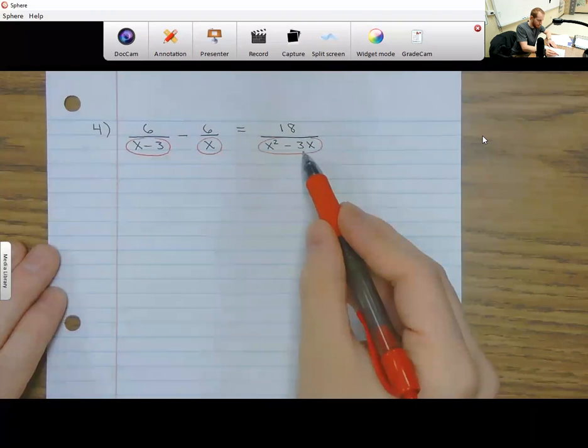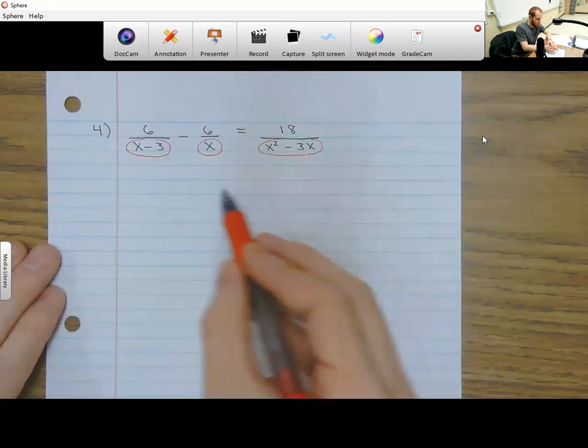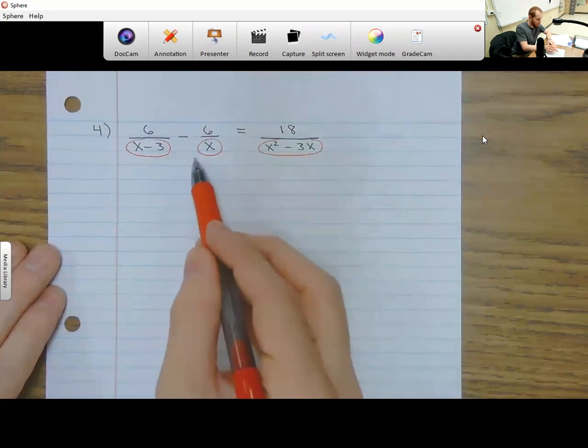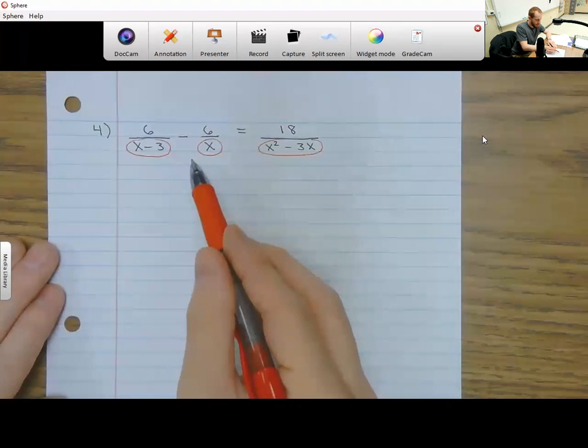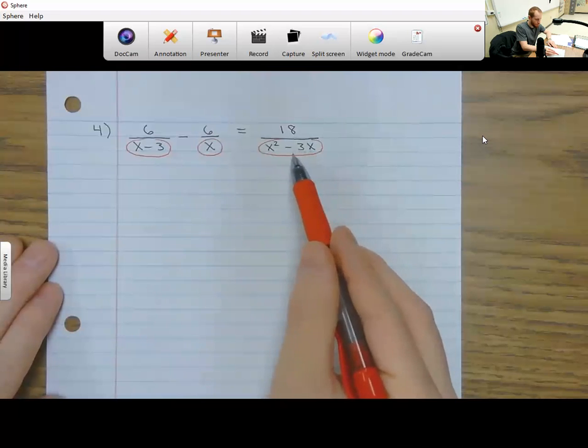Now, this is the one that I'm going to end up factoring before I start. So looking at the first two fractions, I'm going to leave those the same. But for this one over here, I'm going to factor this and see what I get.